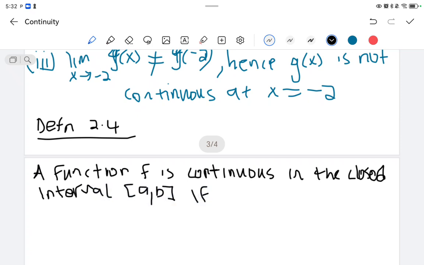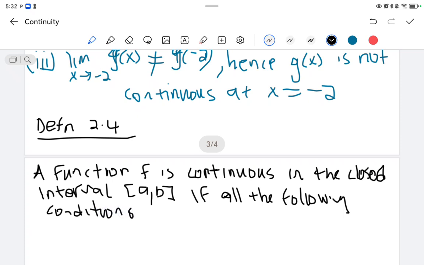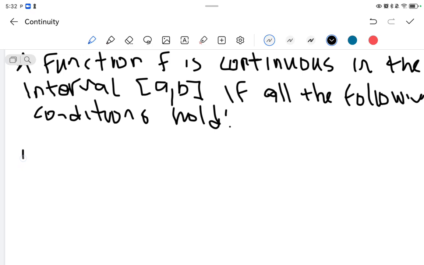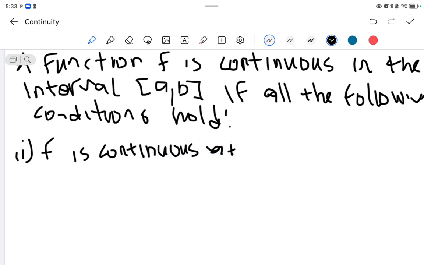if all the following conditions are met or satisfied, or they hold. The first condition is that f is continuous at every point in the open interval.